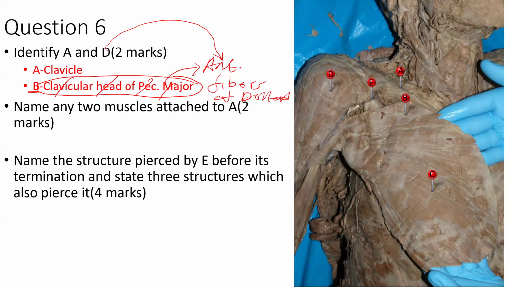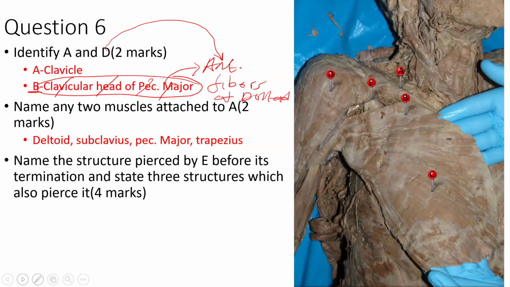I think you guys have done a great job telling me which muscles attach to the clavicle. So, name the structure. Which structure is pierced by the cephalic vein before it terminates? The clavipectoral fascia. You guys have already typed.